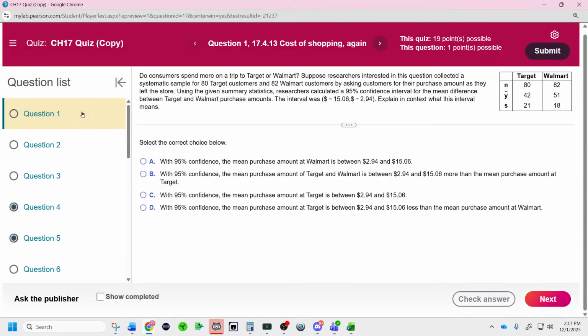Let's look. Oh, this was bigger. Oh, there's the interval. The interval's negative, so it looks like Walmart is higher.